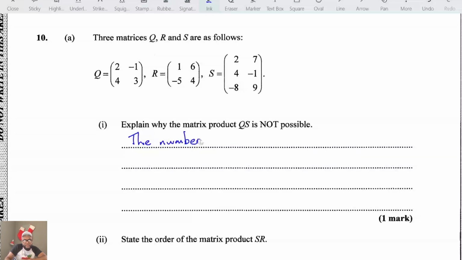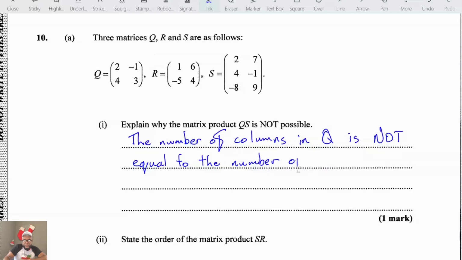The number of columns in Q is not equal to the number of rows in S, therefore multiplication is not possible.